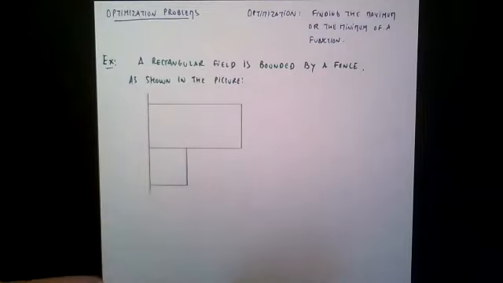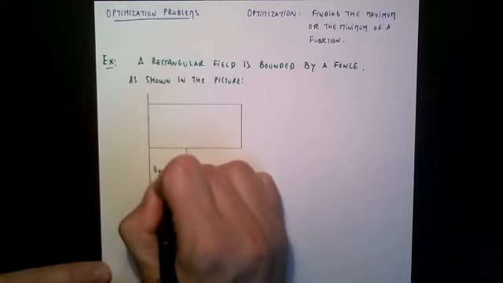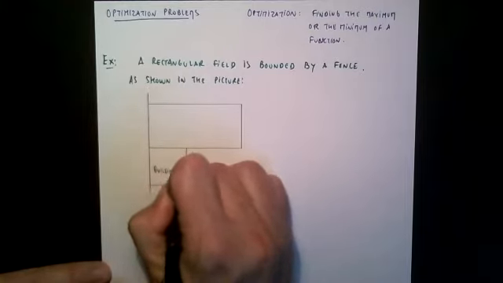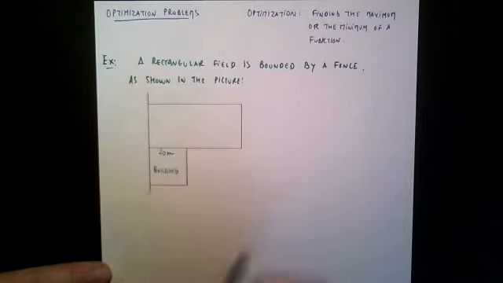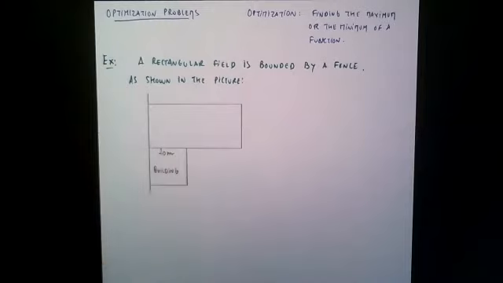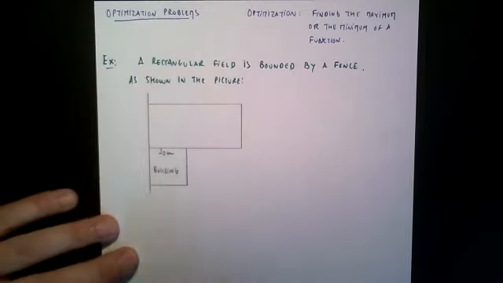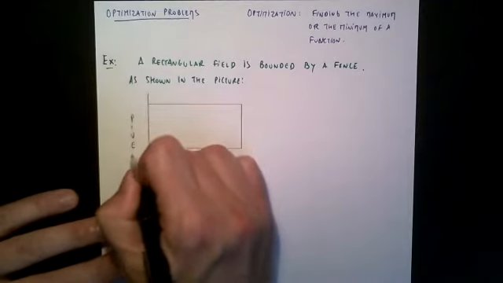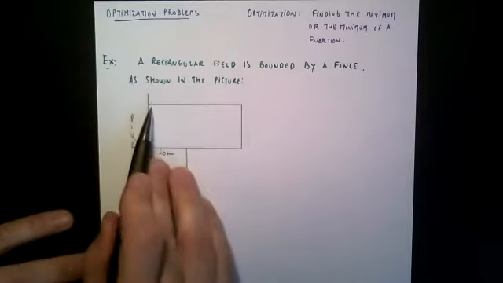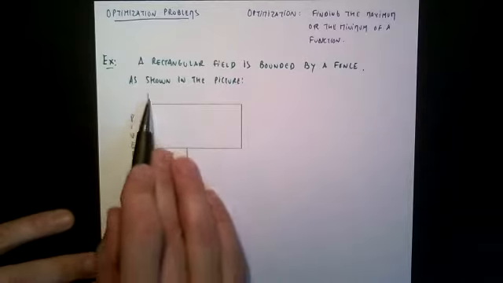This here is a building, and this measures 20 meters. And here, this is a river. Obviously, I don't need a fence here, and I don't need a fence here. These are already fenced for me.